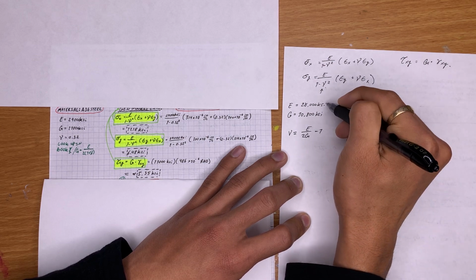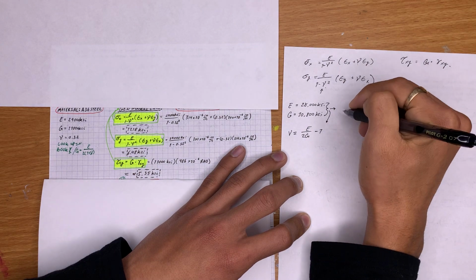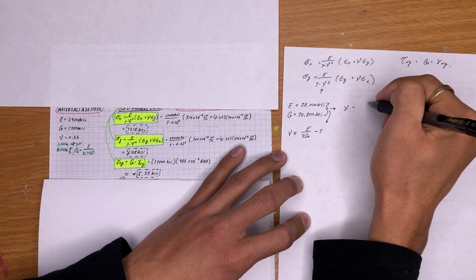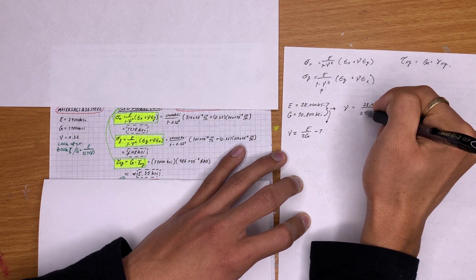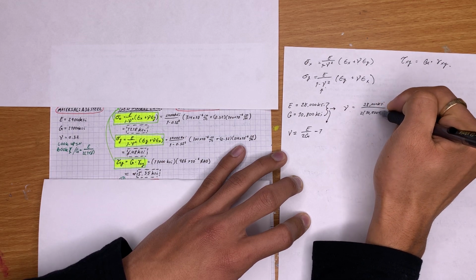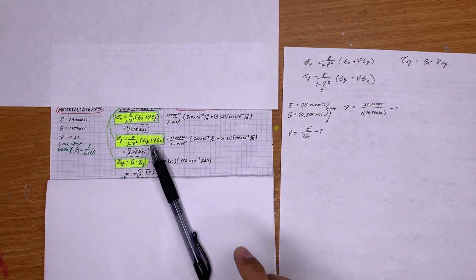So if we plug these values into this, we have v is equal to 28,000 KSI over 2 times 10,800 KSI, minus 1.